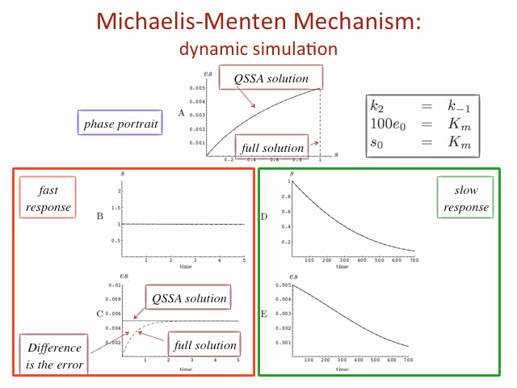The green box shows the slower response over hundreds of time units, and we see the solid and the dashed curves are virtually identical.